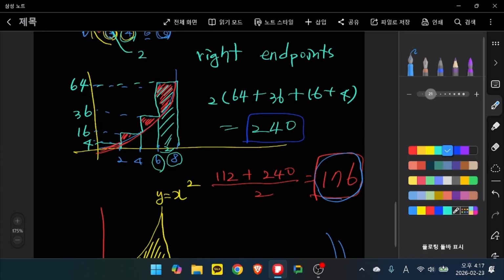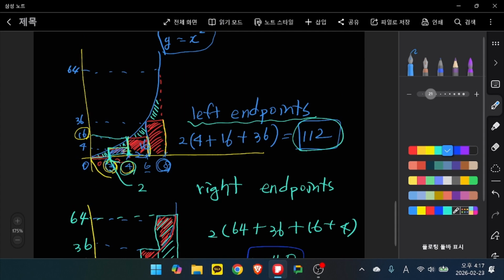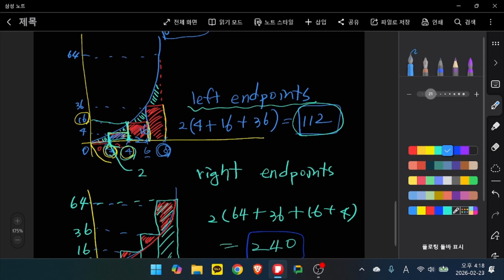What if I divide the rectangles? What if I create a lot of rectangles to infinity?